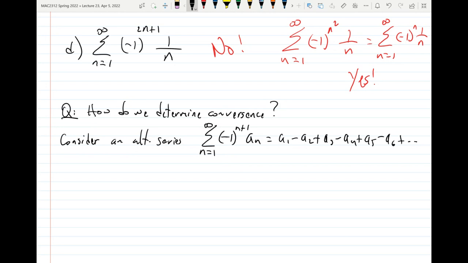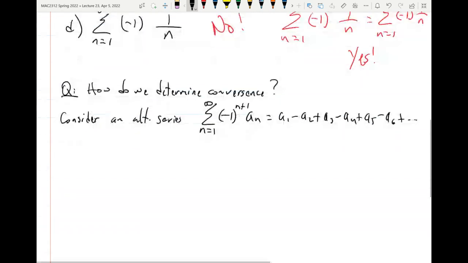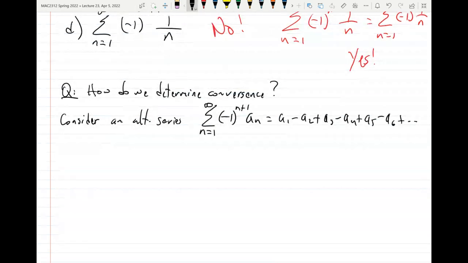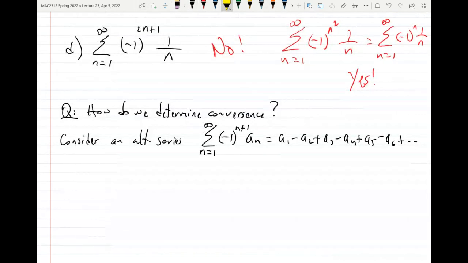Well, if you look at this, because it's alternating, we will always have a term minus the next one, plus a term minus the next one, and so on, yes? So if we require a_n to be decreasing, meaning that the terms of the sequence are getting smaller and smaller, what's going to happen with these consecutive differences?